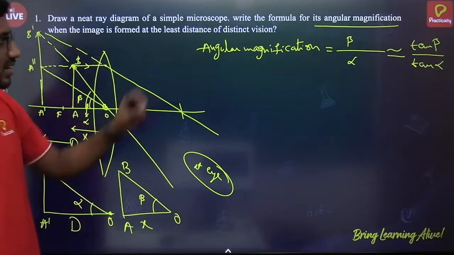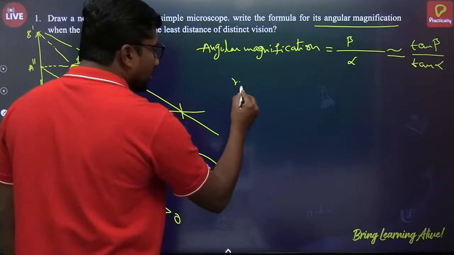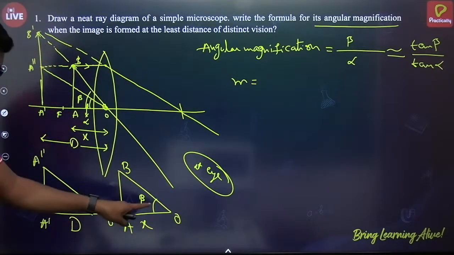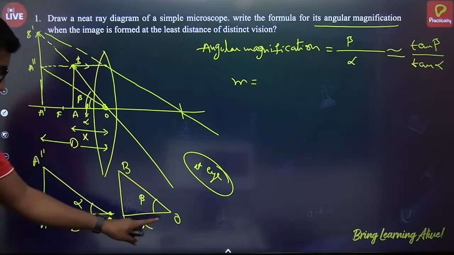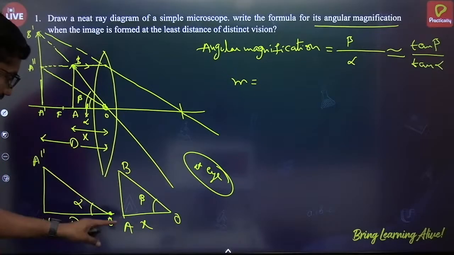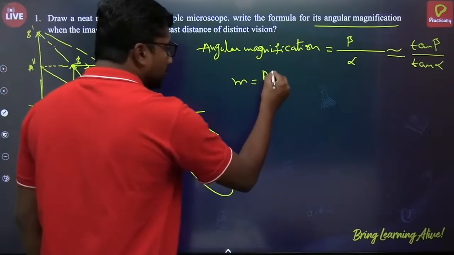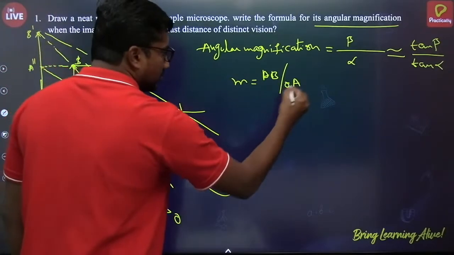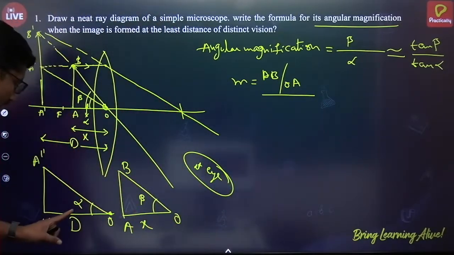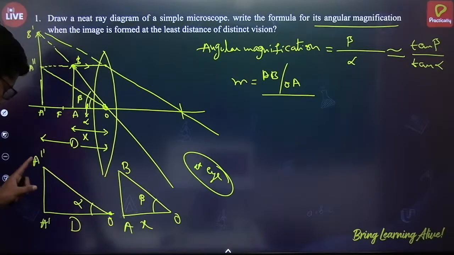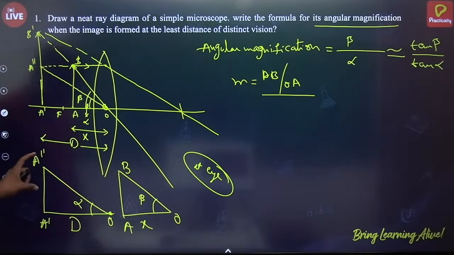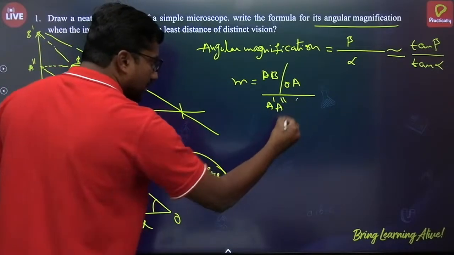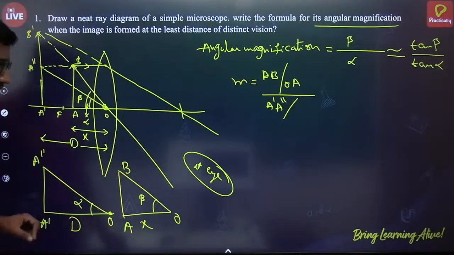Now angular magnification, let it be M, is equal to tan beta by tan alpha. Tan beta is opposite by adjacent, so opposite side AB by adjacent side OA, divided by tan alpha, which again is opposite side A dash A double dash divided by OA dash.